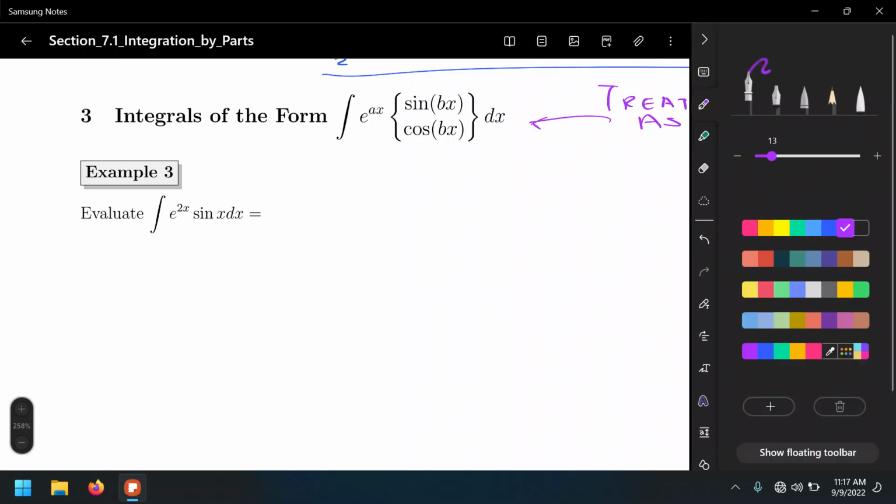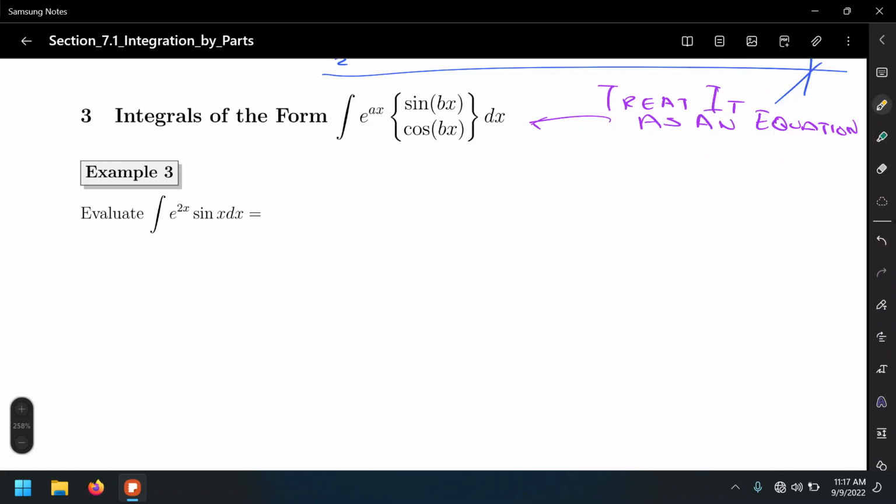Another thing here: the LIATE rule is not going to matter, or actually it's going to work either way. It doesn't matter if you choose the exponential as your u or the trigonometric as your u. In this case, I'm going to go with u equals the exponential, even though technically the T for trigonometric comes first and the E comes last. I'm going to do the exponential first, and dv equals sine x dx.